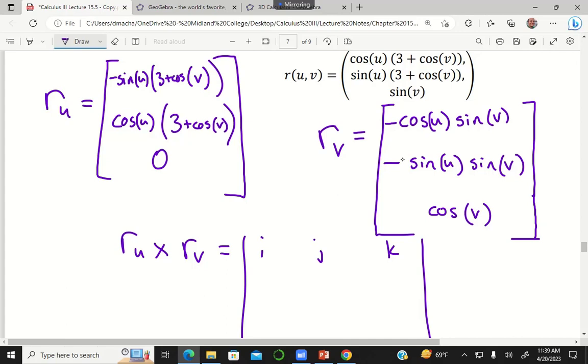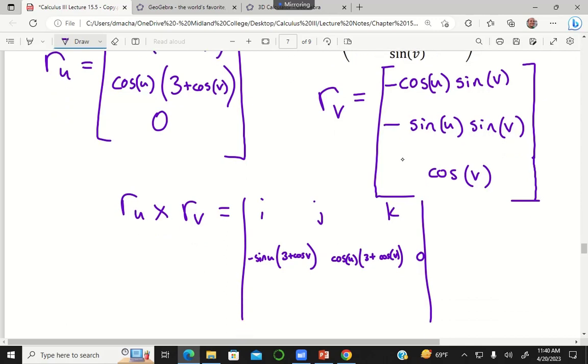So in the second row, I've got negative sine u times 3 plus cosine v. The middle entry of this matrix looking thing is going to be cosine u times 3 plus cosine v, and then the last entry is going to be 0 on the second row. Okay. Third row is going to have negative cosine u sine v. I just really hope I can read my handwriting after this. Second entry is negative sine u sine of v, and then the last entry is cosine of v.